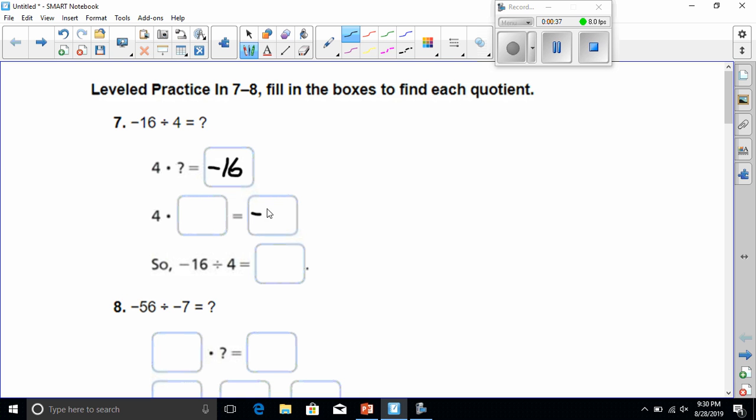Negative 16 will be here, and we know that negative 4, right? We need a negative number to multiply to a positive number to get this, so this would be negative, and 4 times 4 equals 16, so negative 4 times negative 4 equals negative 16. So that means that negative 16 divided by 4 equals negative 4. All right?